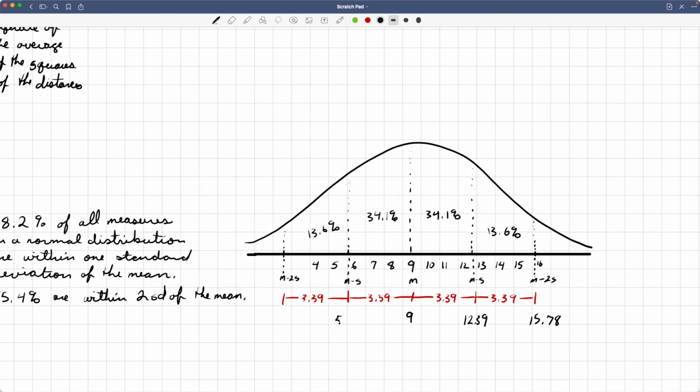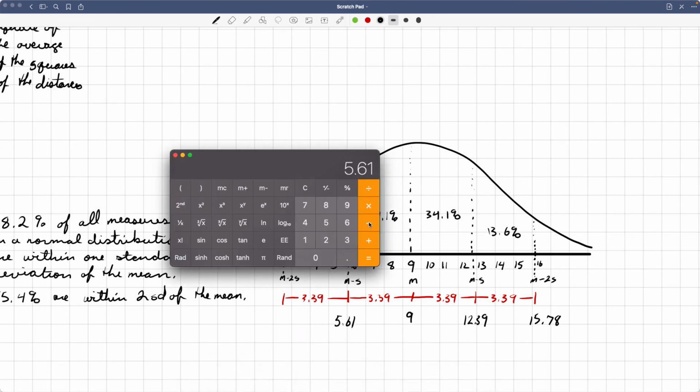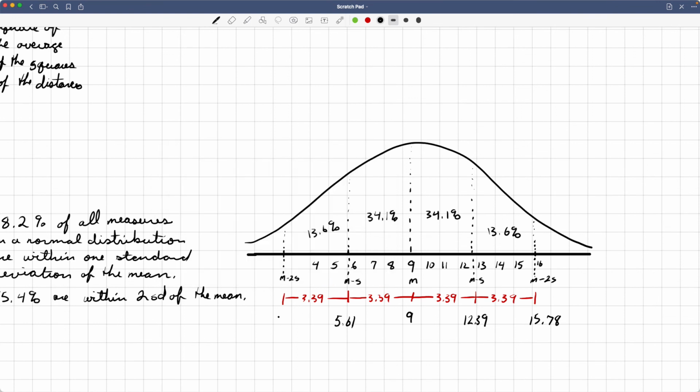So 5.61 is one standard deviation to the left, or below, and I'm going to subtract another 3.39, and that's going to give me 2.22.